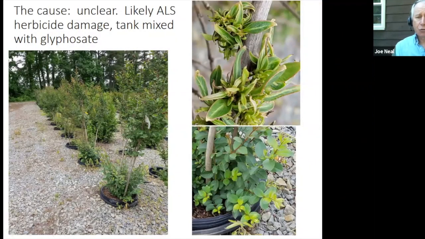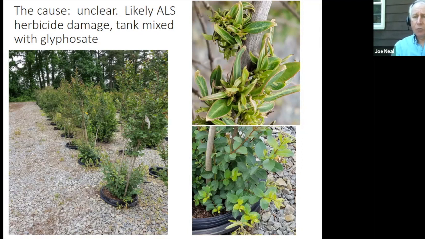Remember, if you're controlling weeds in gravel, if you're doing large pot-and-pot operations, you want whatever you're putting on the gravel around these plants to be safe on these plants, right? And here's an example of what I believe to have been damage from an ALS herbicide that was put on the gravel. We never were able to actually diagnose exactly what happened at this site, but the symptoms are all consistent with ALS herbicide injury, specifically something like an Arsenal or Oust or Sahara application.